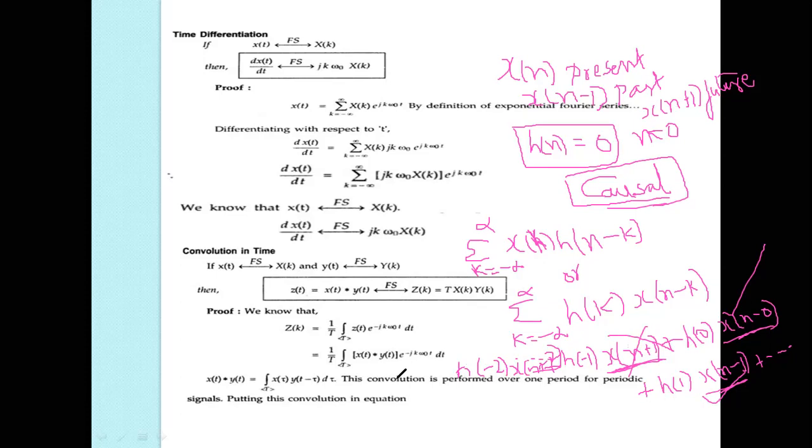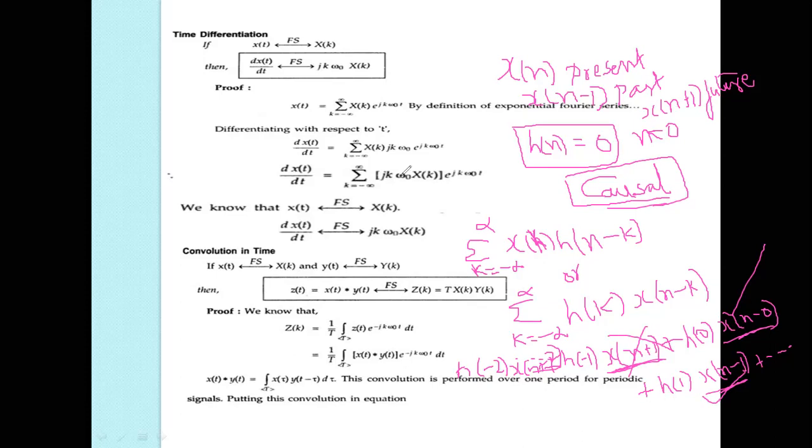Towards the left side, up to minus infinity, the input values are future inputs only: x of n plus 1, n plus 2, n plus 3 and so on. So the input is not equal to 0, but these terms have to become 0.